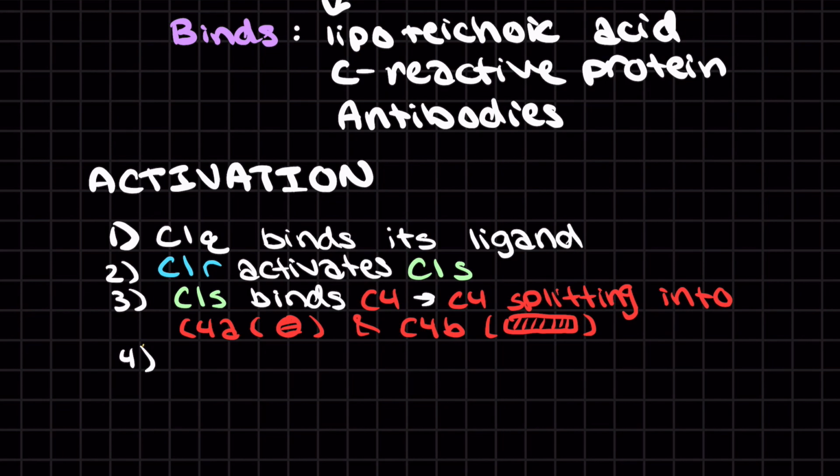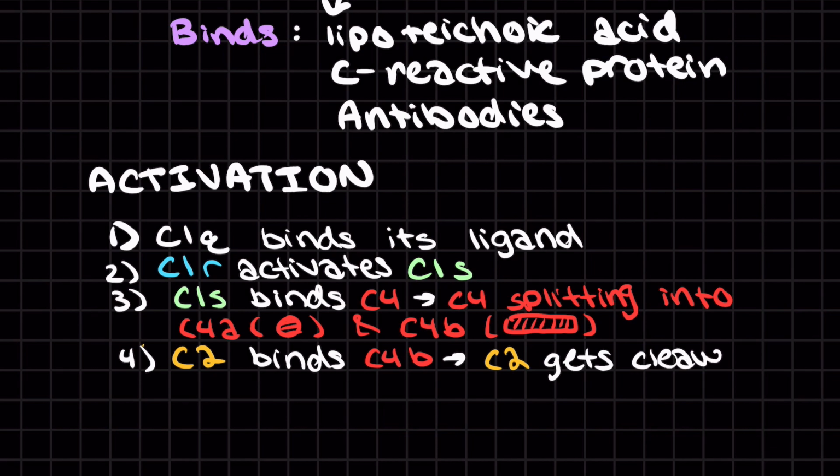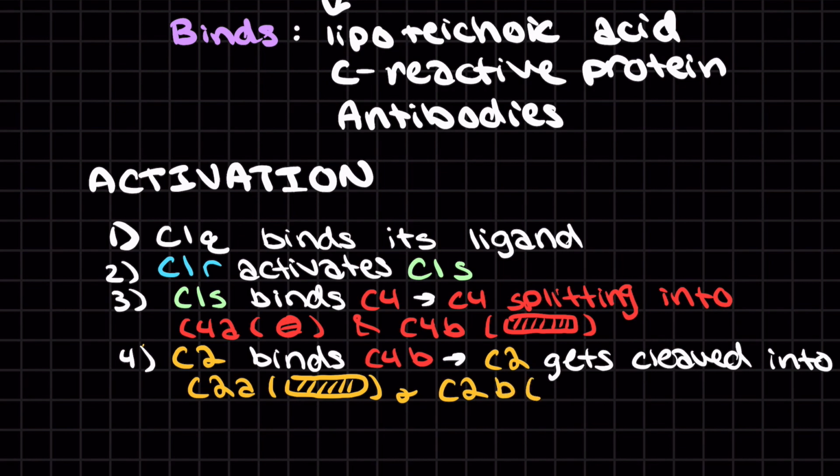C2 binds C4b, which leads to C2 getting cleaved into C2a, which again, remember our exception, is the large fragment, and C2b, which is our small fragment.